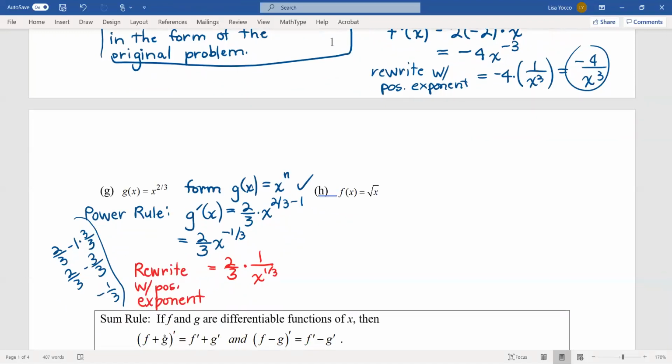And then you can multiply those together, the numerators together and the denominators together. And that is your answer. All right. Any questions? Oh, it's a lot.